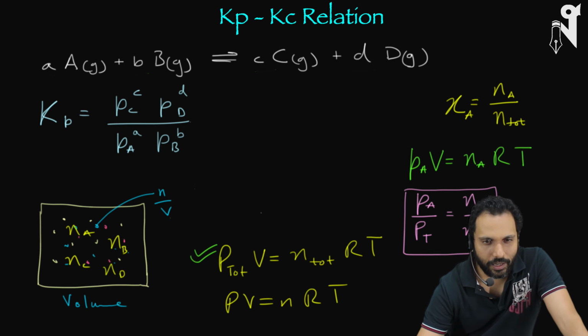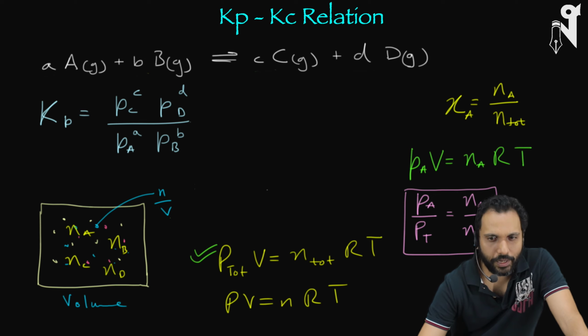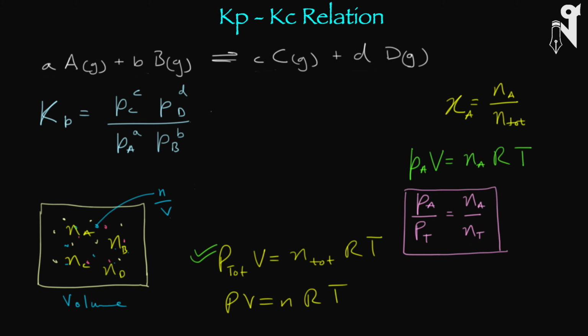So if I go on to replace your partial pressures with mole fraction, this is chi of A, mole fraction of A. So I have to replace the partial pressure of A with chi of A times total pressure. So what do we get on top over here?